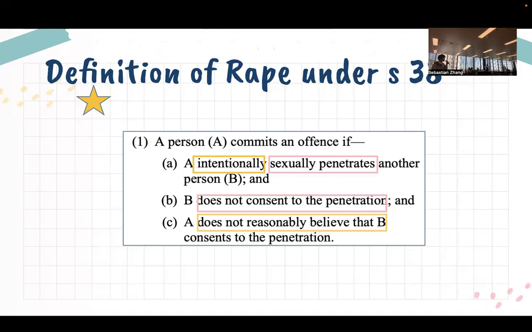You will obviously have other issues, let's say procuring a sexual act by fraud, attempting to commit a sexual offense, sexual assault. Because usually in every sexual offense question, there will be some sort of penetration, but there will also be other related actions like touching, and if the nature of the touching is sexual, then it does not fall under penetration, but falls under section 40, for example, for sexual assault. So these are all things that you need to consider.